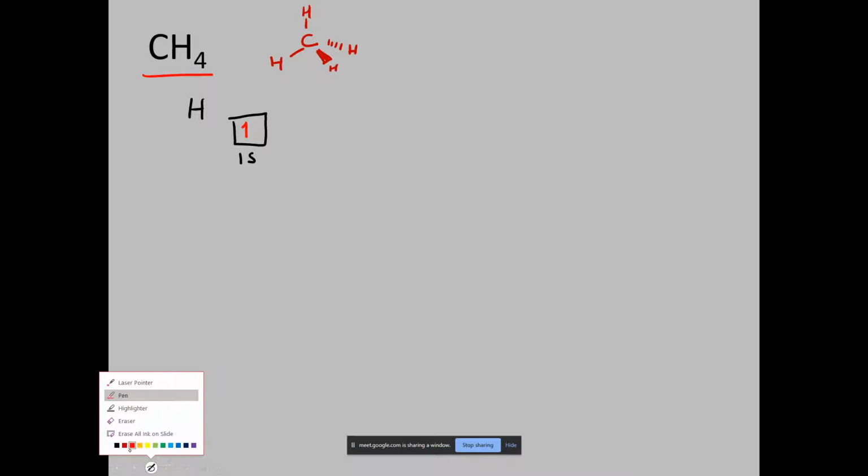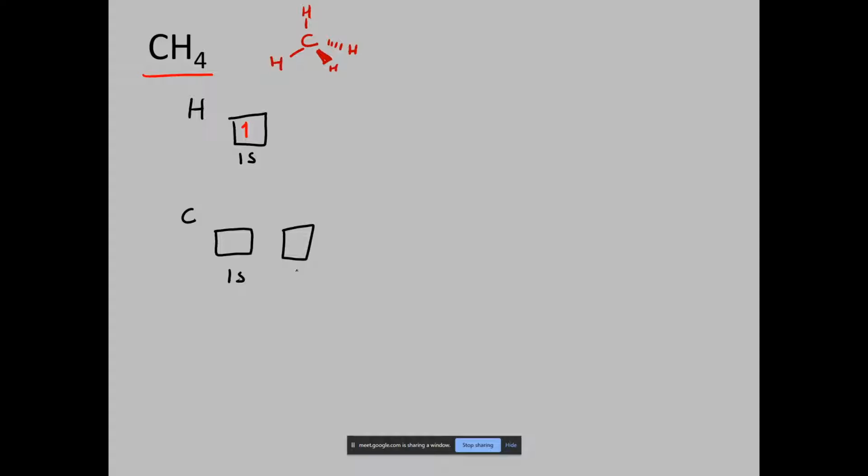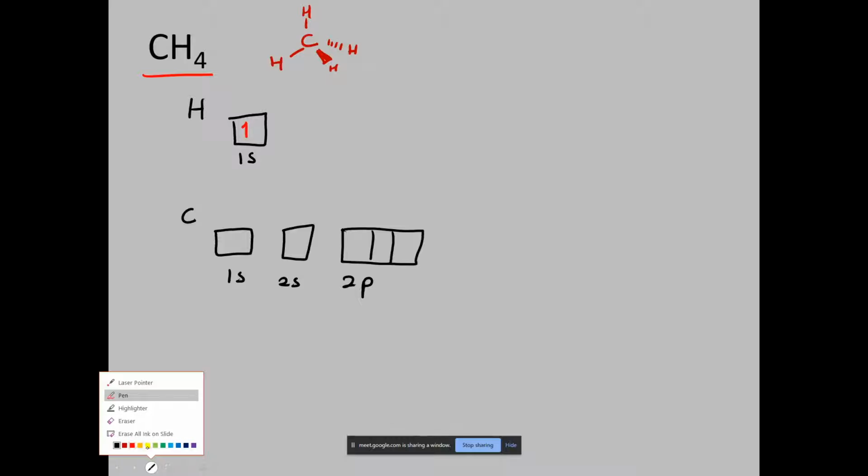Tapi kalau you tengok untuk carbon, okay, carbon dia ada 6 electron. So let's susun the 6 electron. So 6 electron, we have 1s, 2s, and 2p. Alright, so carbon ada 6.